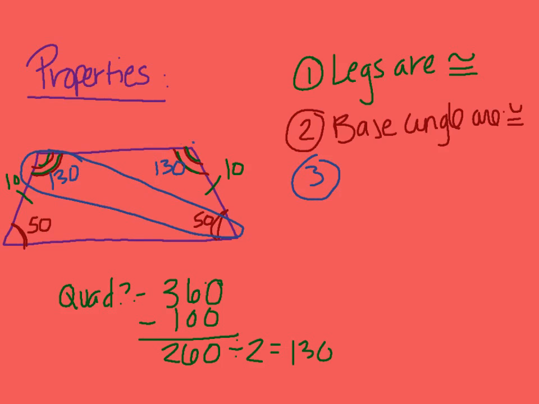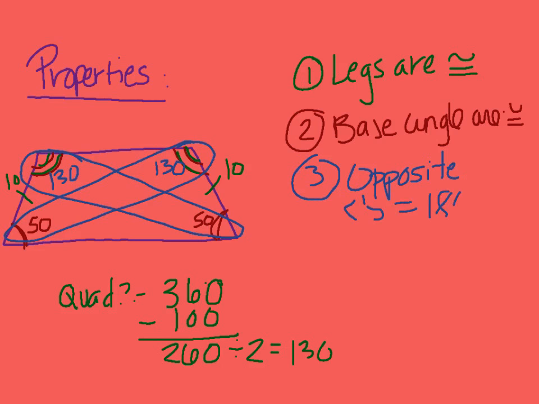So opposite angles, if you look right here, are equal to 180, or we can use a fancy word that says they are supplementary. So that's going to be a fun rule that we're going to use a lot in math later.